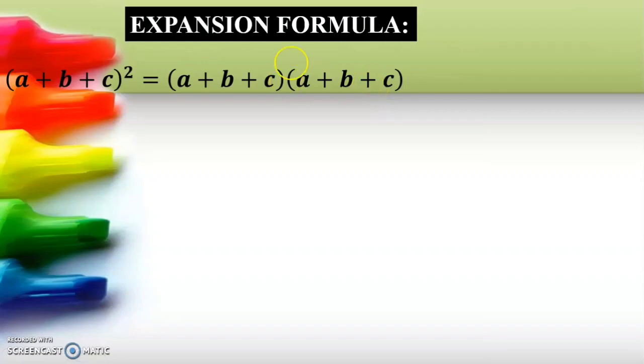Now, the first bracket's first term gets multiplied with the second bracket terms. Then the second term gets multiplied with the second bracket. And similarly, the third term, that is c, also gets multiplied with the second bracket.